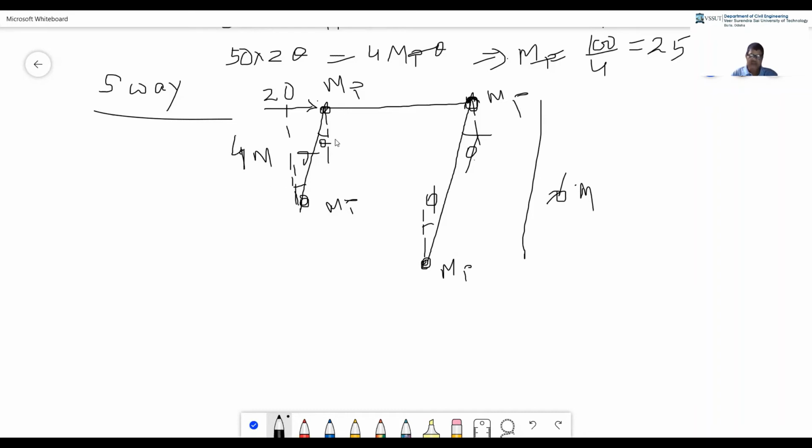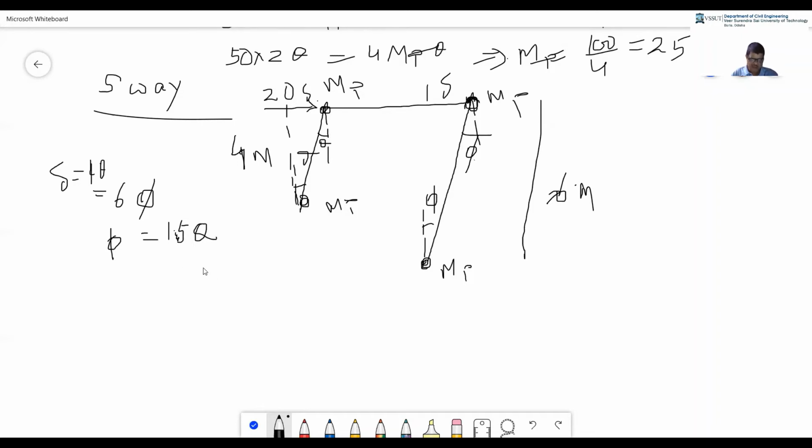Now this delta will be equal to this delta. So I have told you delta will remain the same. Delta is equal to 4 into theta, that is equal to 6 into phi. From this we can find phi is equal to 1.5 times theta.